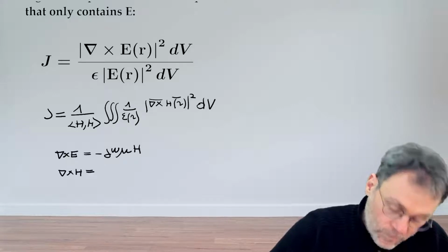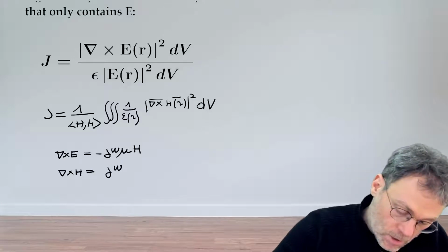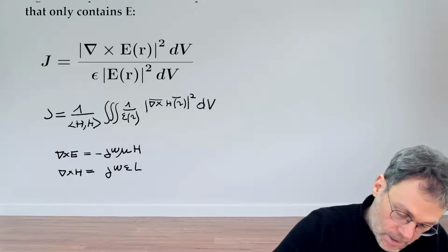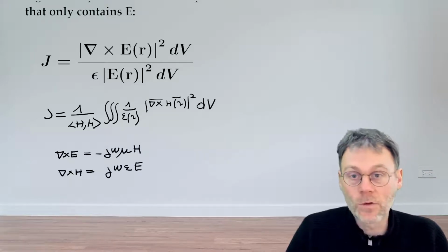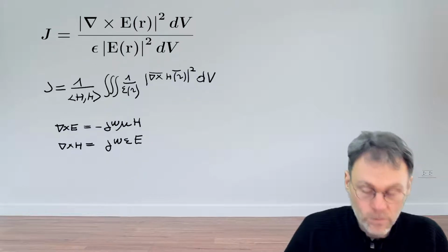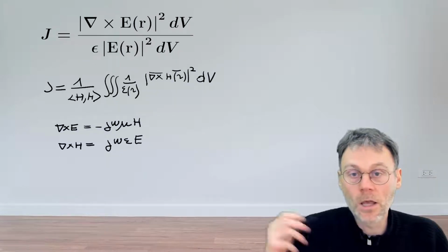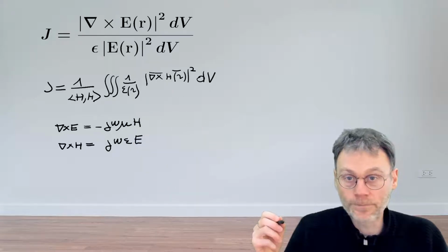And then for the magnetic field we have a similar equation, the curl of H is j omega epsilon E. So these equations we have, and then obviously we also have that equation over there, that you should have a solution to that equation, a field profile that minimizes this variational form.